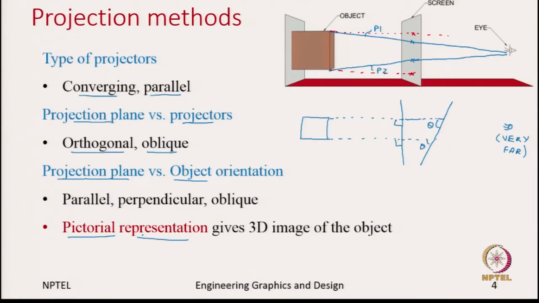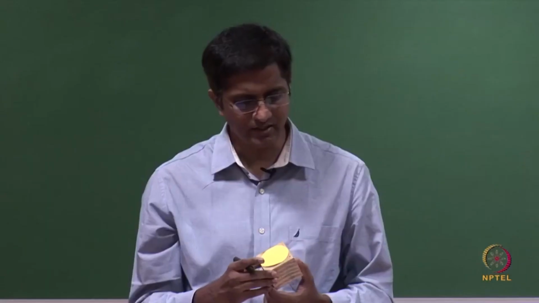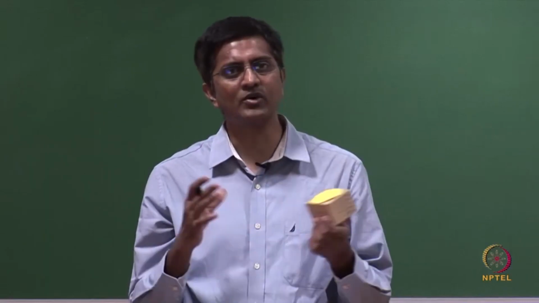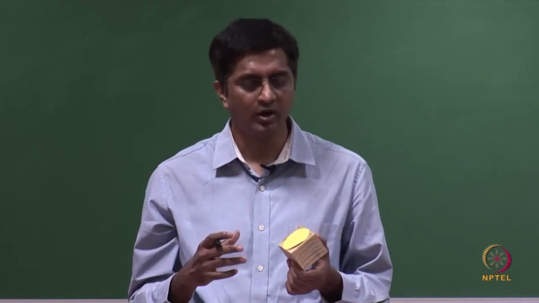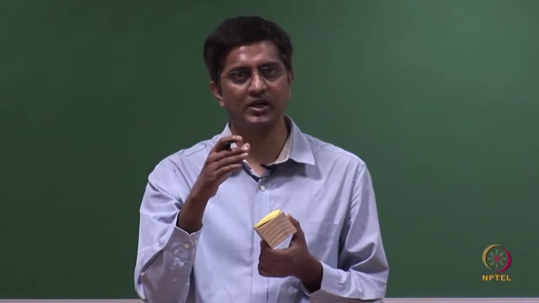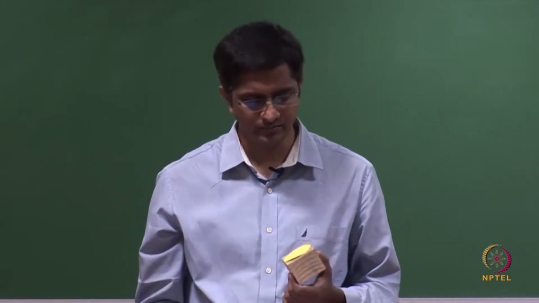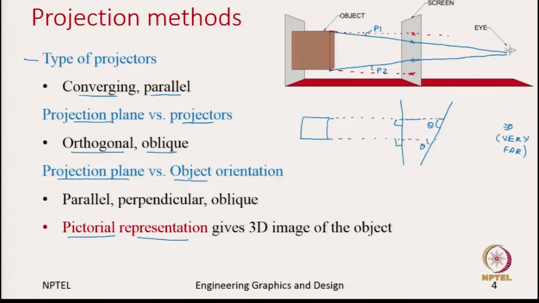Okay. So, what we have learnt in this slide is that there are several ways we can do these projections. First, depending on the type of the projectors, whether they are converging or parallel. Second, depending on the plane, whether it is orthogonal or oblique to the projector rays.